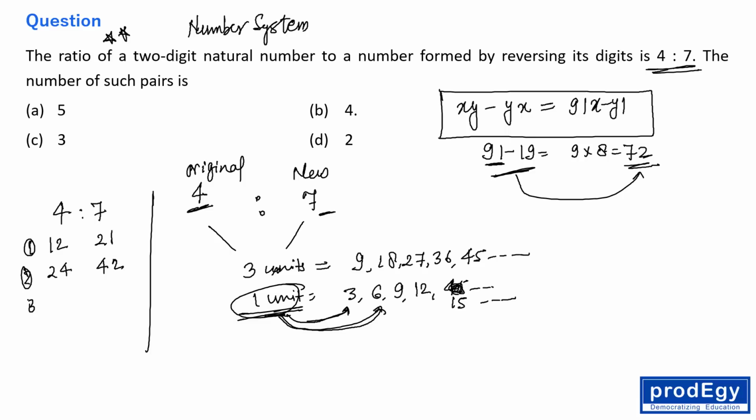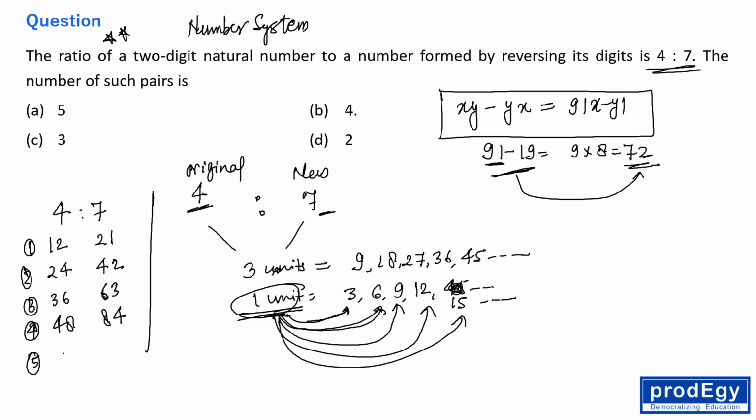Now 1 is equal to 9, then 4 into 9 is 36, 7 into 9 is 63. Now 1 is equal to 12, then 4 into 12 is 48, 7 into 12 is 84. Okay. 1 is equal to 15, then 15 into 4 is 60, and 15 into 7 is 105.